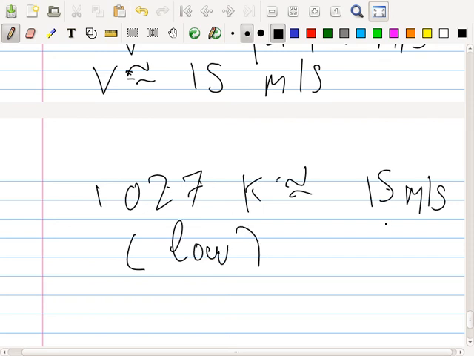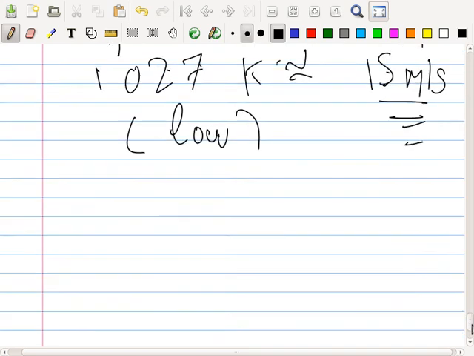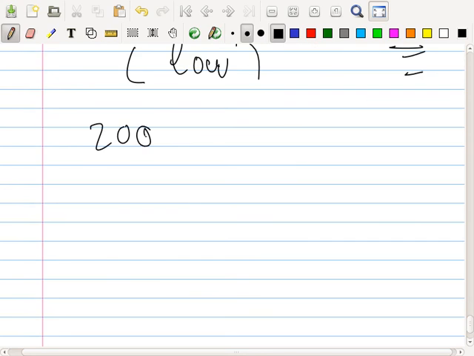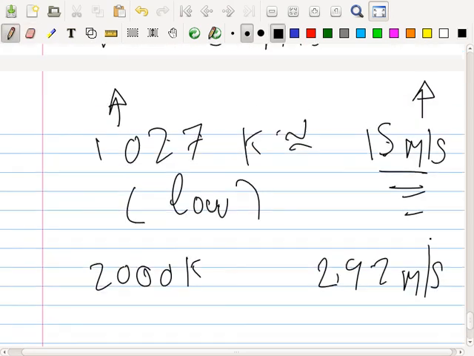Yeah, it does. If I increase the temperature, what will happen here? Increase. So if the car is going at this speed, the temperature is 1,000 Kelvin, and if it's 2,000 Kelvin, maybe it's double. So maybe it's 39.2 meters per second.